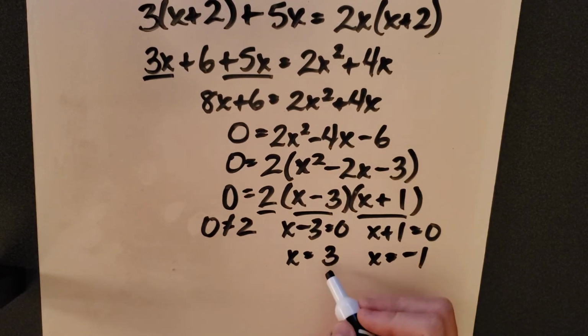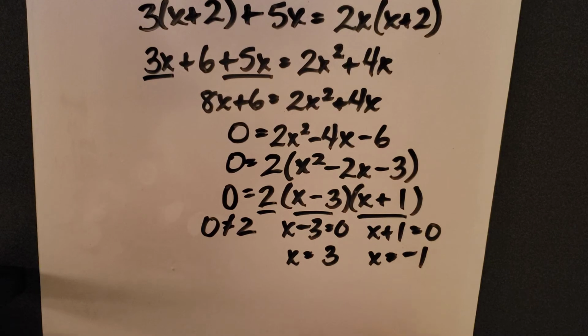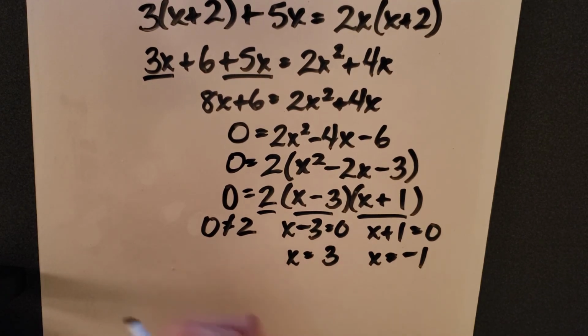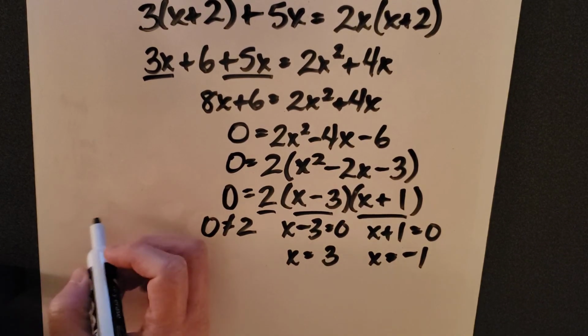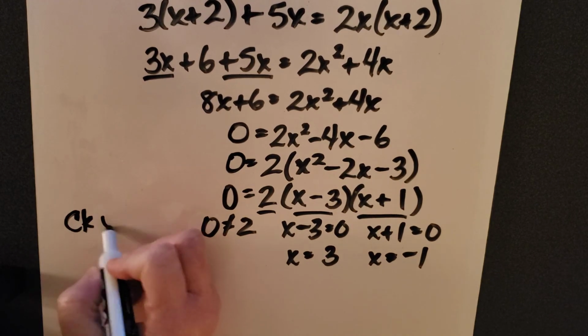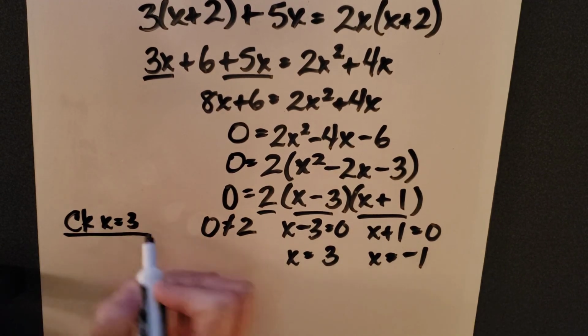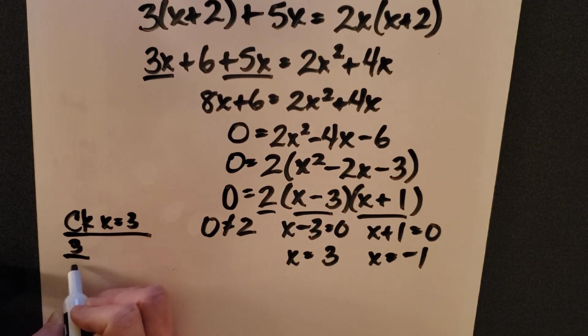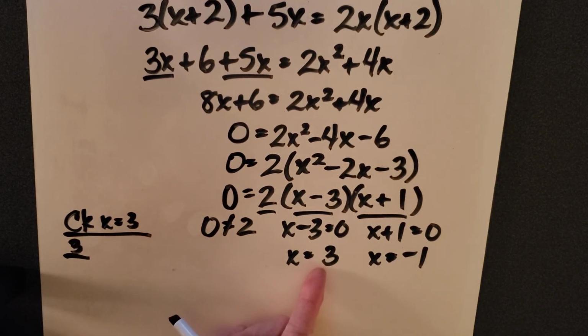Okay, I'm going to take this x minus 3, and I'm going to test it back in the original equation by plugging it in. Okay, the good thing about this, even though it's extra work, is that you're actually checking your answers before you submit them. Okay, so let's take x equals 3 and plug it back in. I'm going to write this over here, and there we go. I'm checking x equals 3 back in my original equation. My original equation is 3 over x, but I've got an x value of 3 that I'm testing here.